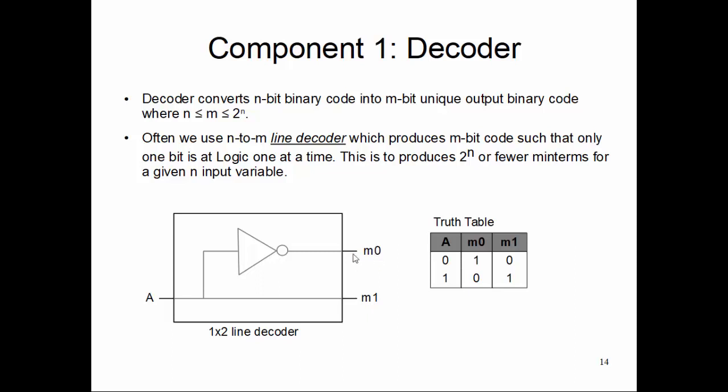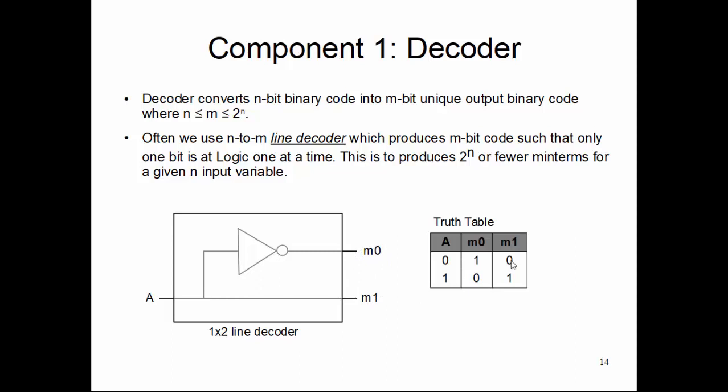So if my A is a 1-bit input, then 0 is min term 0, right? And 1 is min term 1. So I have 2 min terms for this 1-bit input, and if A comes to 0, it is min term 0, which means m0 has to be 1 and m1 has to be 0.